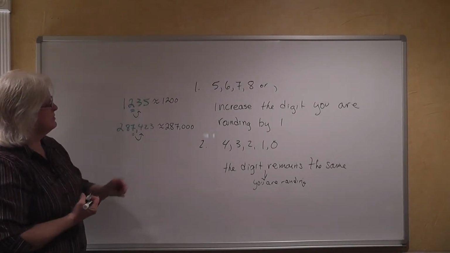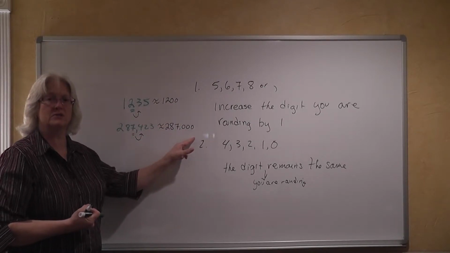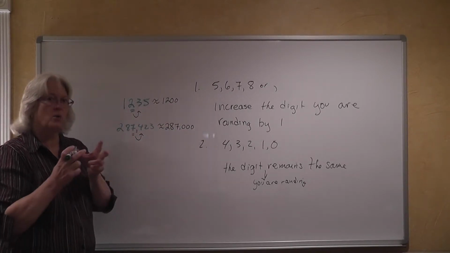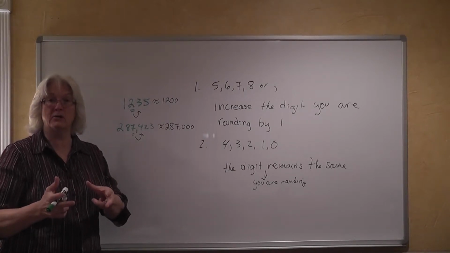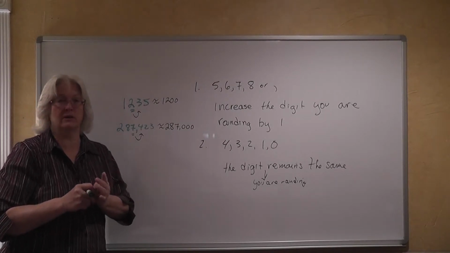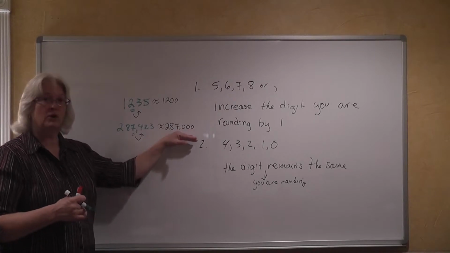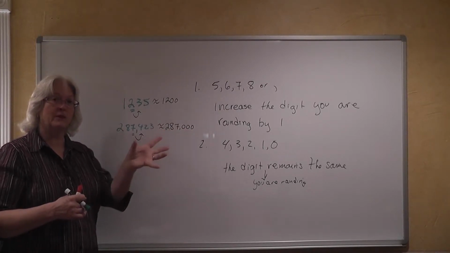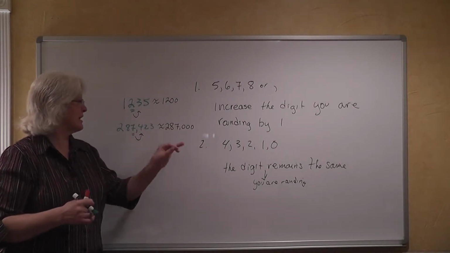Now, what can we do to help make sure that we understand where we're putting those zeros? When you have a problem and it says round to the nearest 100, round to the nearest 1,000, round to the nearest million, when you read the word, you're going to end with the place value to which you are rounding.